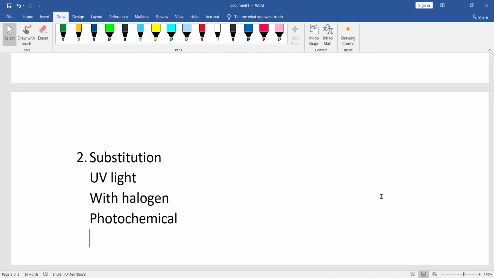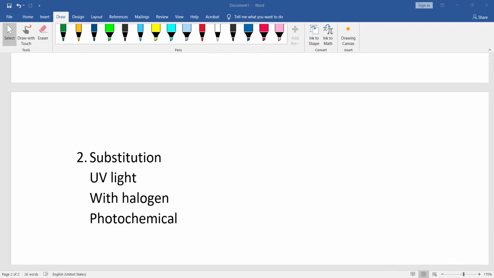Can you tell me what is a photochemical reaction that we have learned? In the past, photos were taken with film, not digital.